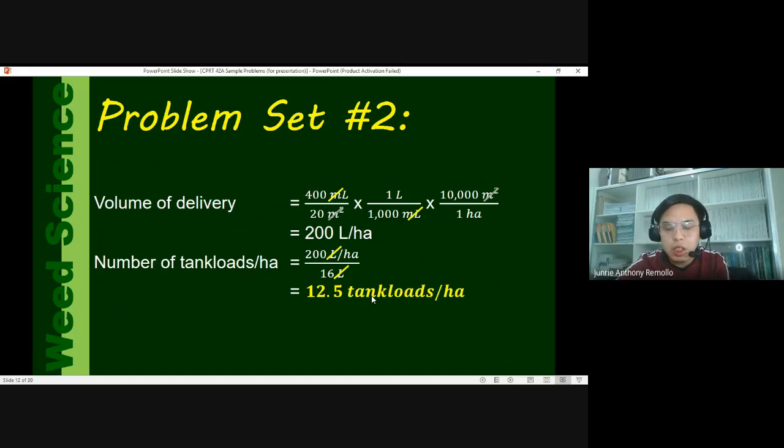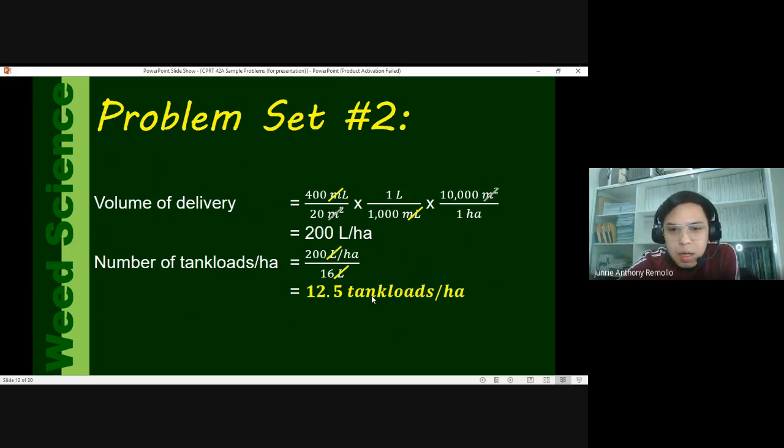And after which, we multiply it by 10,000 square meters, which is the equivalent value for a hectare basis area. So times 10,000, which results in 200 liters per hectare.